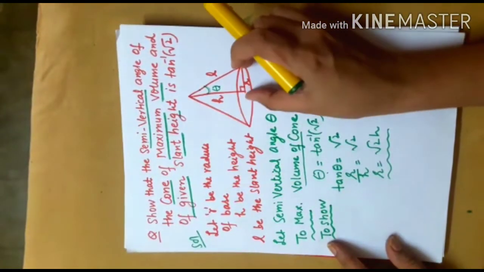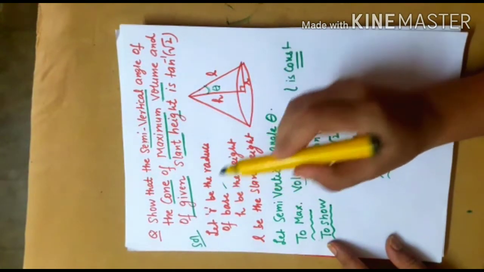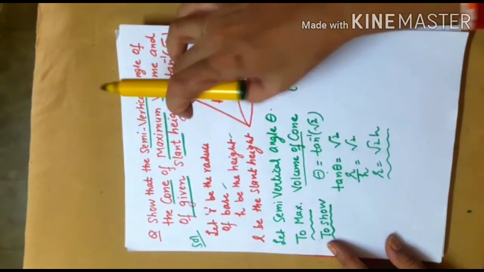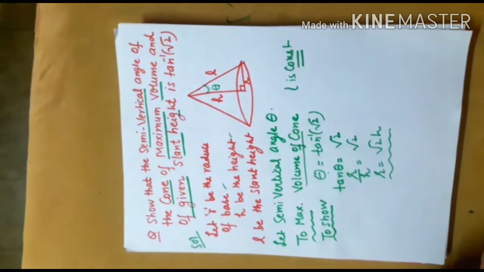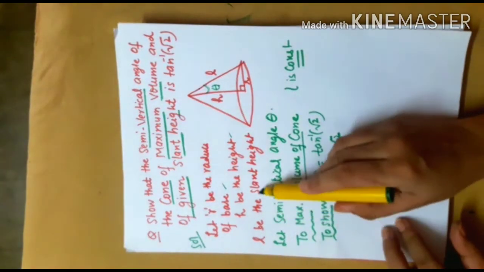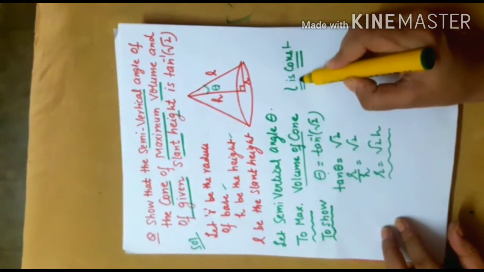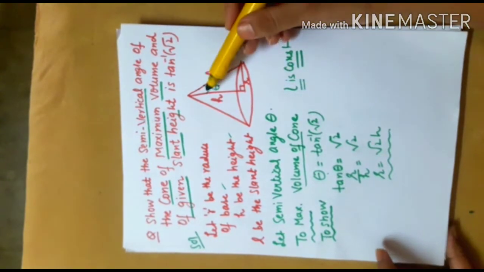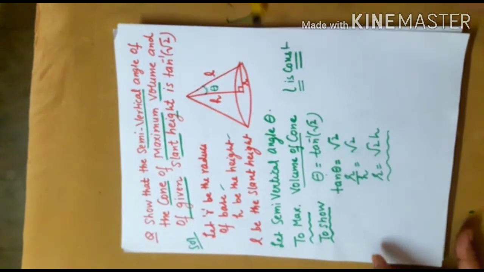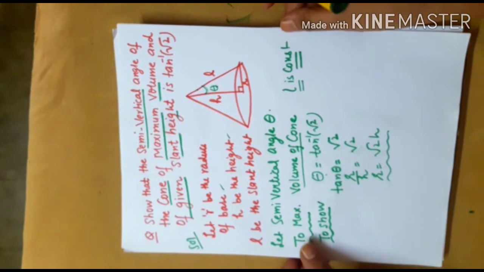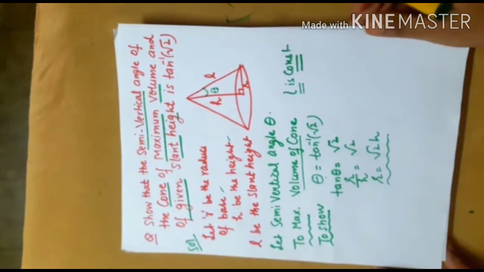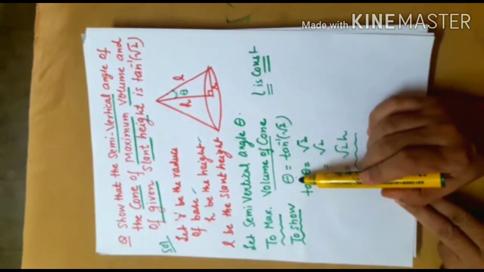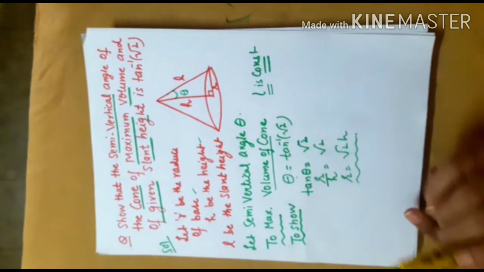Let r be the radius of the base, h be the height, and L be the slant height. According to the question, L is fixed, so it is constant. Theta is the semi-vertical angle, and we are to maximize the volume of the cone. I have to show that theta is tan inverse root 2.